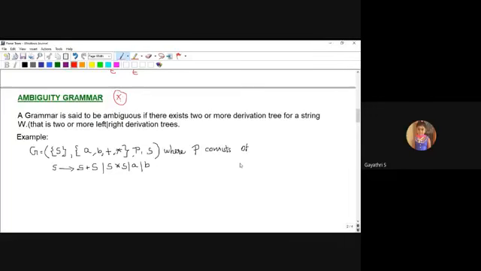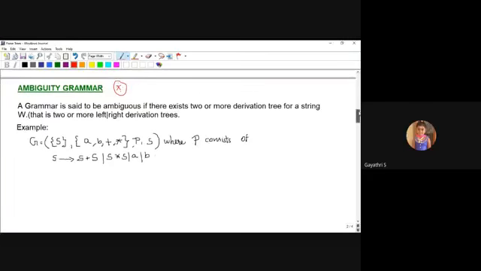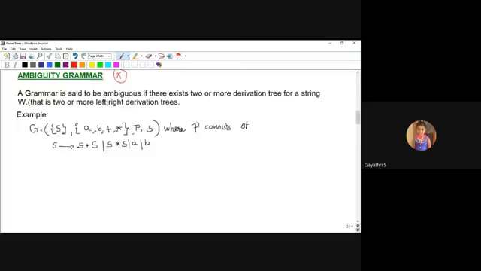One more definition: a grammar is said to be ambiguous if there exists more than one leftmost derivation, or more than one rightmost derivation, or more than one parse tree for the given input string. Next, we will show the ambiguity problem. This is the example.